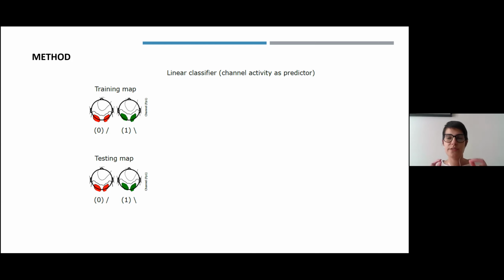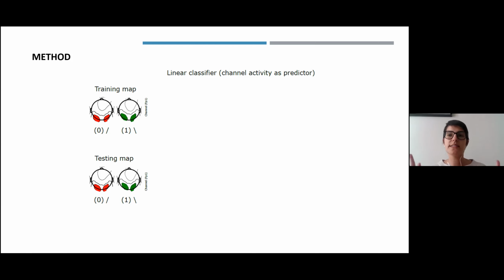These tiny differences can't be picked up by our eyes, because for me those two activation maps are really similar, but maybe an algorithm, a machine model, could pick this up.